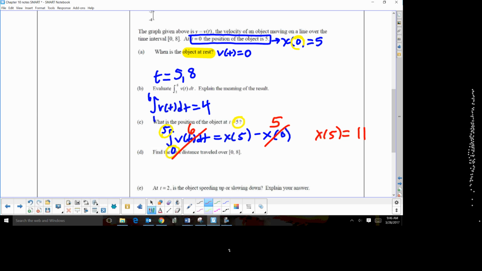Okay, so now D wants the total distance traveled. Go. You know that formula.